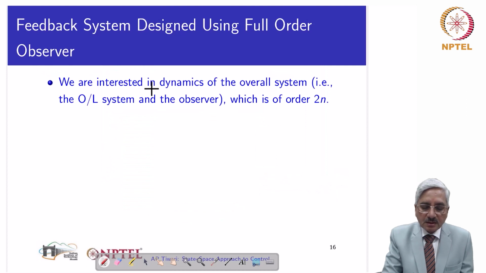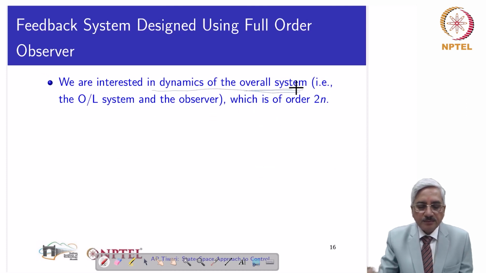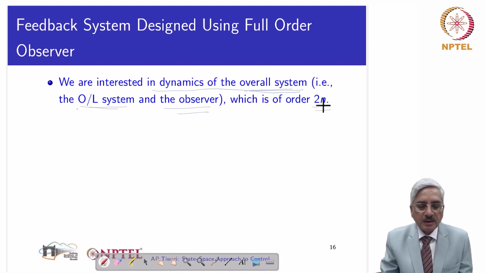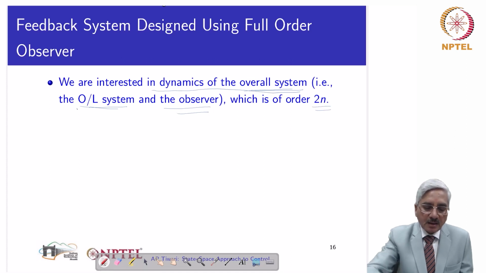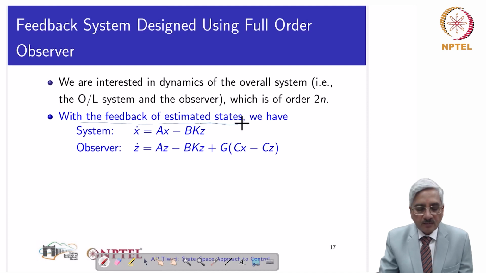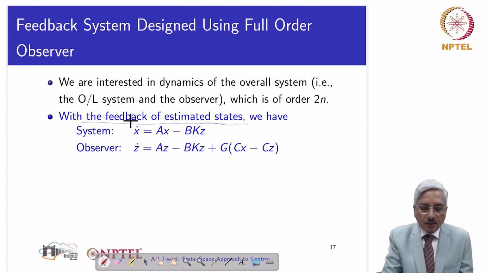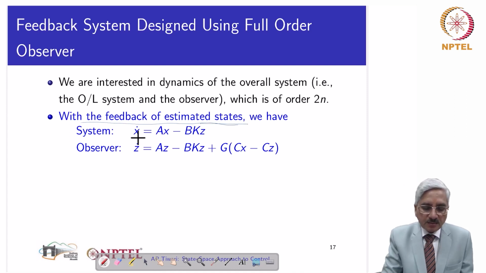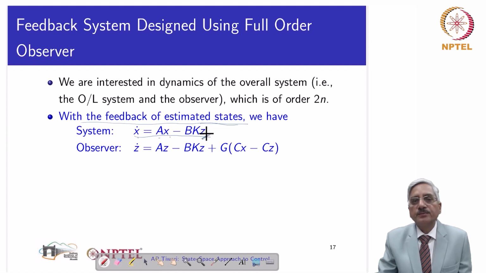So we have to see the dynamics of the overall system, which comprises the open loop system and the observer, which is of order 2n, and the feedback of the estimated state. So when we have the feedback of the estimated state, the system is x dot is Ax minus BK. See, it would have been x, but now we are forcing it to be z.